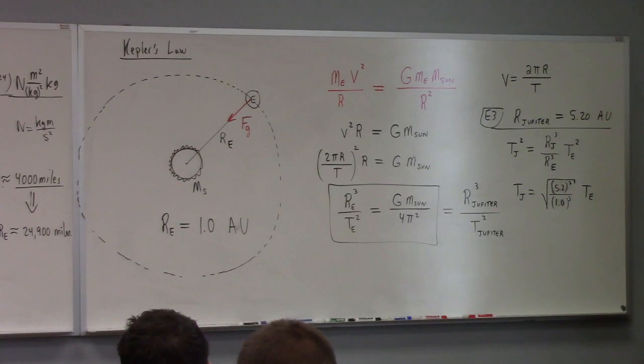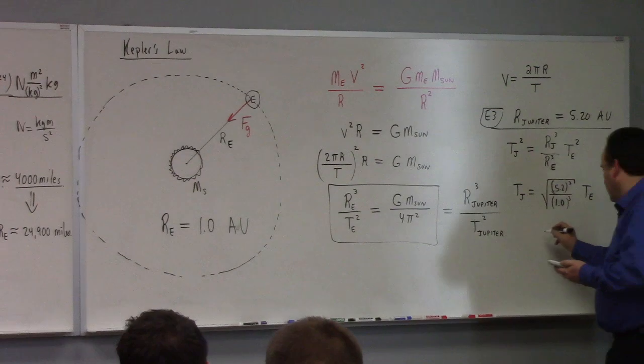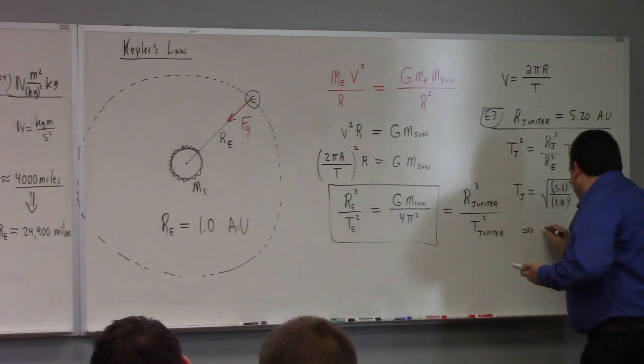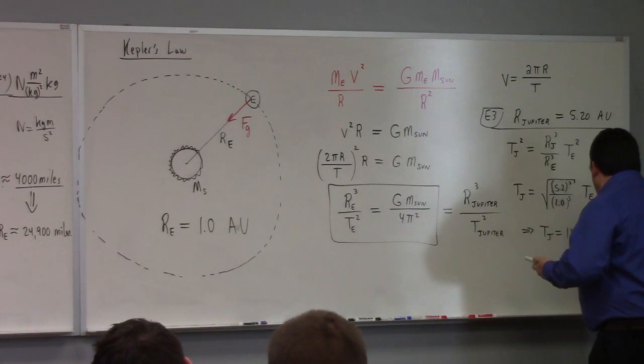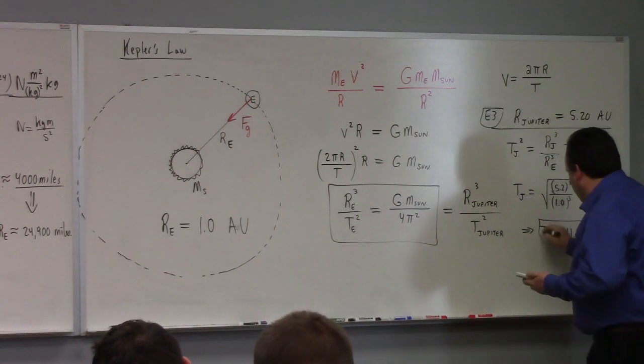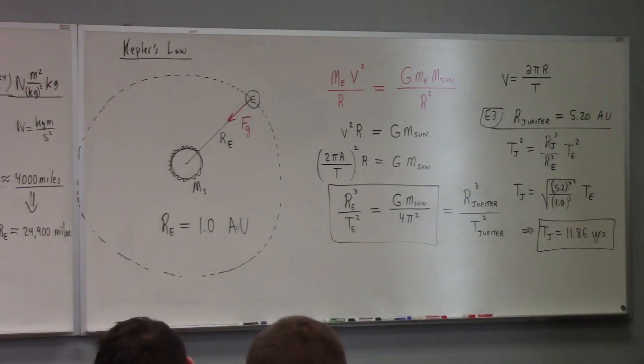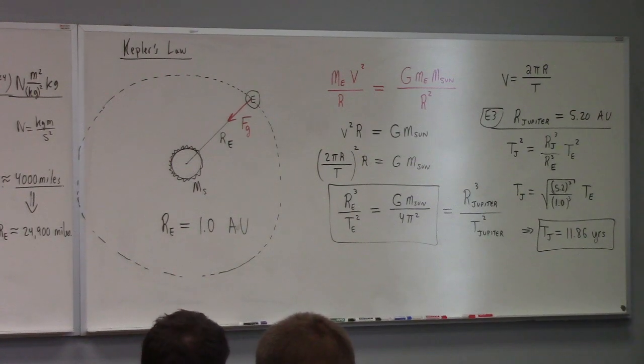Square root that thing, I get 11.86. 11.86 years. And of course we're talking about Earth years, right? Let it be our convention that whenever we speak of years, we're talking about Earth years, okay? Otherwise I will say Mars year or Jupiter year. But 1 Jupiter year is 11.86 Earth years.